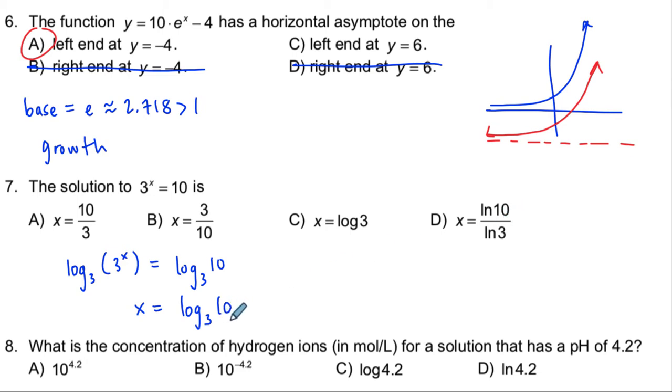So we have to be careful, because log 3 means log base 10 of 3. If we wanted to change the base to 10, we wouldn't get this answer. So we could change the base to natural logarithm, or rather to base e, so we would get log base e of the top power, which is the 10 here, over log base e, or ln, of 3. So the answer is D.